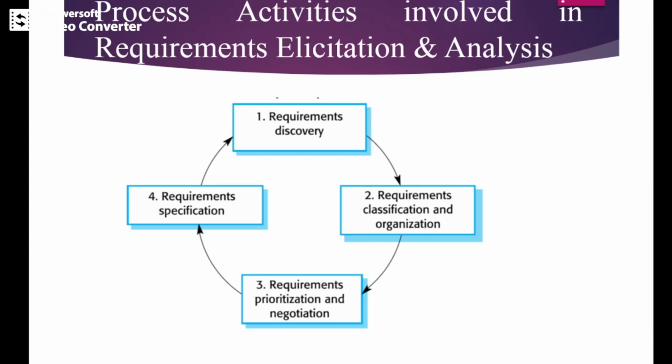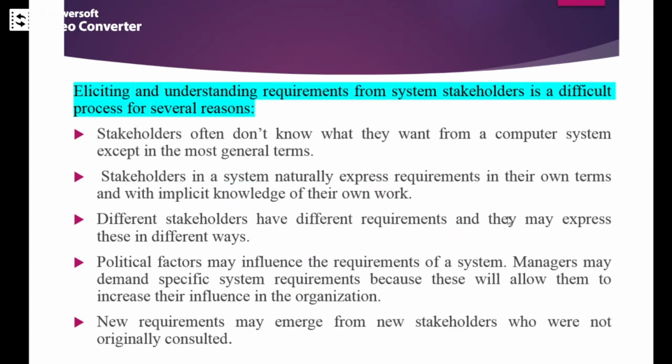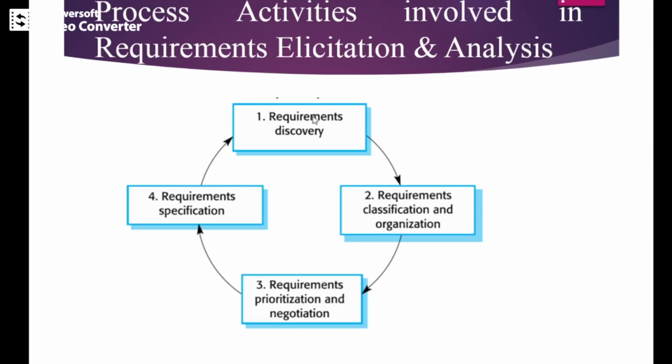Now we will see what process activities are involved in this elicitation phase so that you will get an idea regarding it. Look at the first process activity, requirements discovery. This is the process of interacting with the stakeholders. So now you know who the stakeholders are, those who directly or indirectly influence the system.